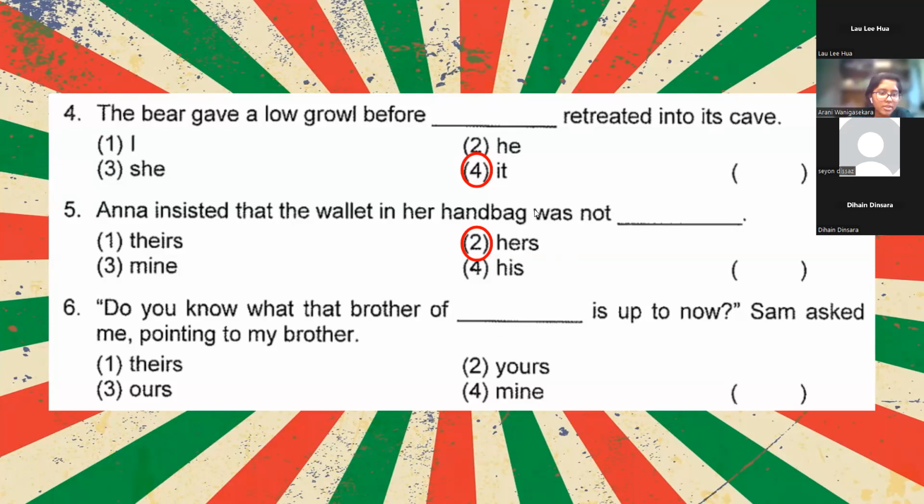So question 6. Do you know what the brother of blank is up to now? Sam asked me, pointing to my brother. What's the answer? I think it's yours or ours. Yours or ours, okay.